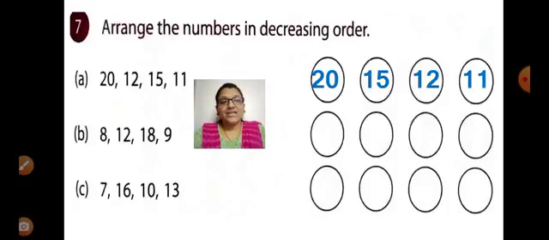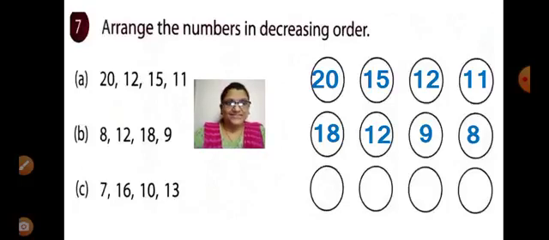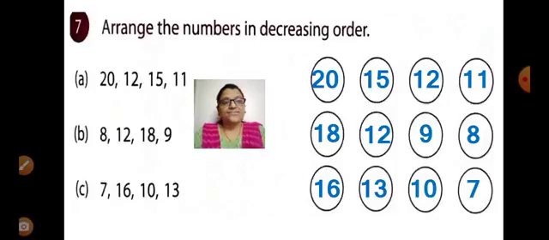Next question, 8, 12, 18 and 9. We will arrange it as 18, 12, 9 and 8 in decreasing order. Next, 7, 16, 10 and 13. We will arrange it as 16, 13, 10 and 7 in decreasing order.